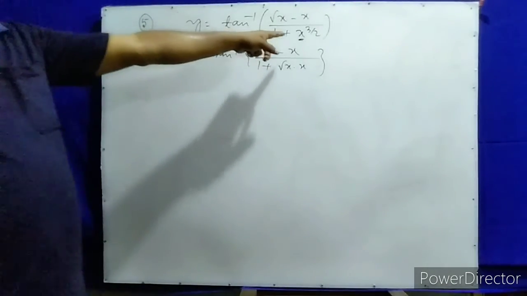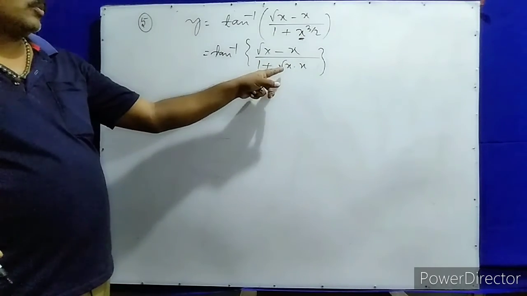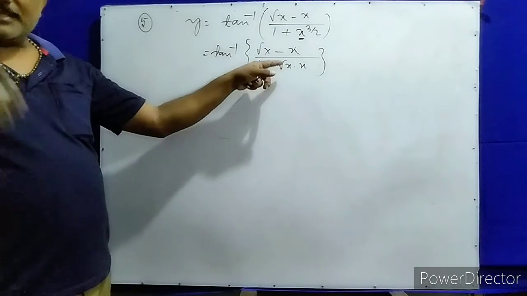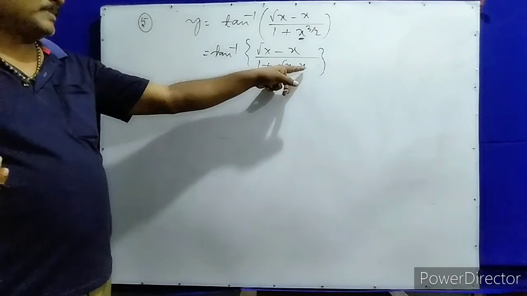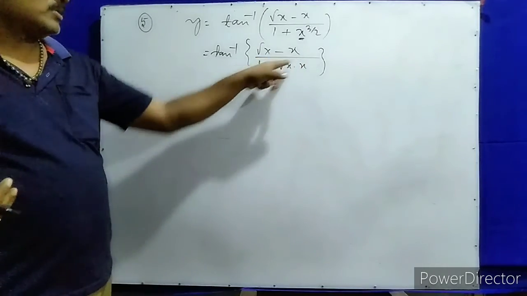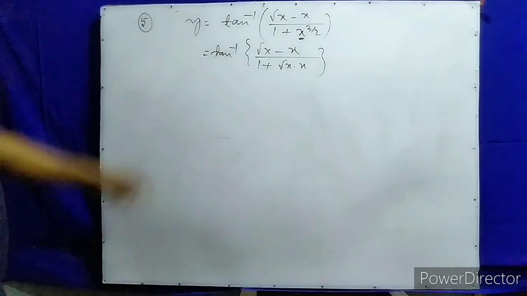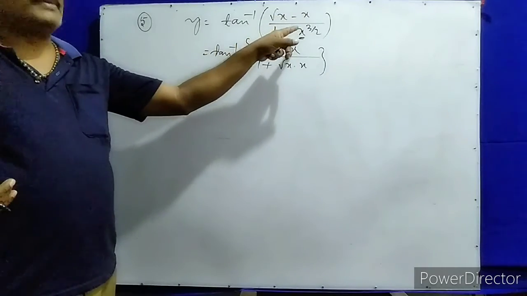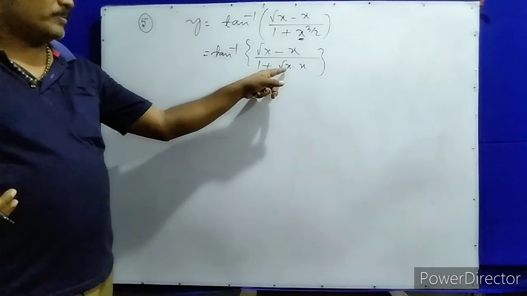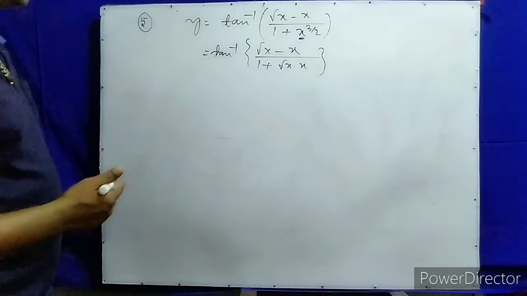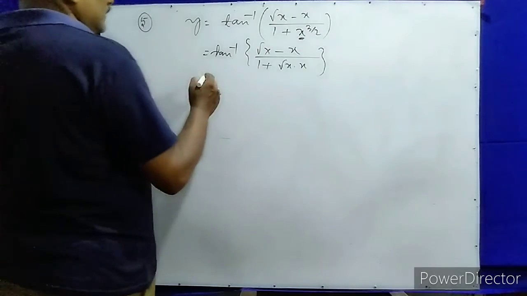Before substituting, change this value into this form. Here x to the power 3 by 2 equals root x into x, because root x means x to the power 1 by 2 and x means x to the power 1, and 1 plus 1 by 2 equals 3 by 2. So instead of x to the power 3 by 2, I have taken root x into x.